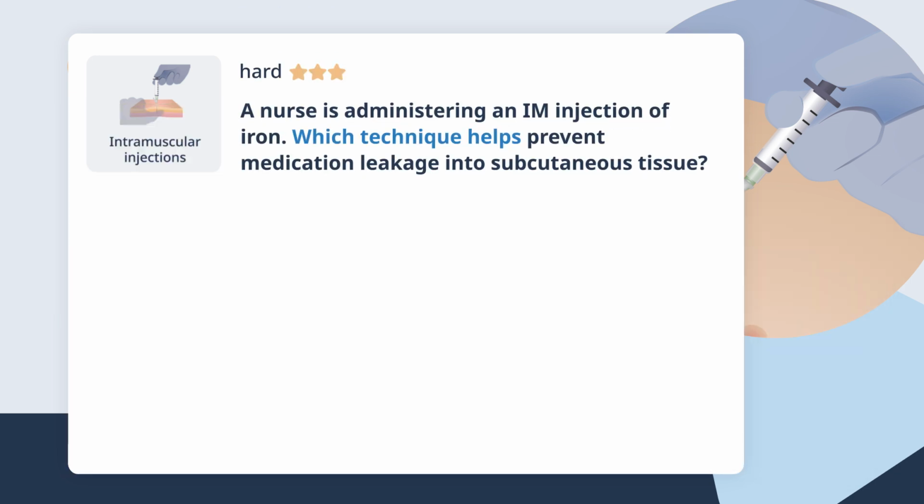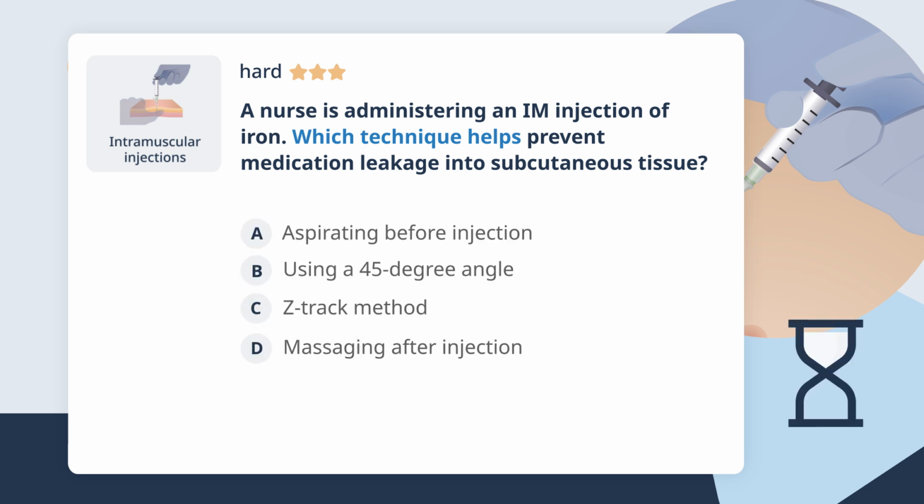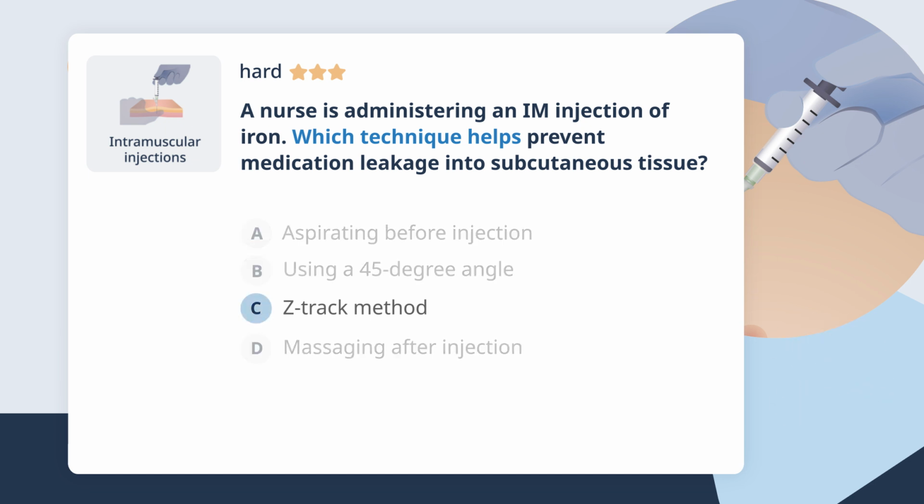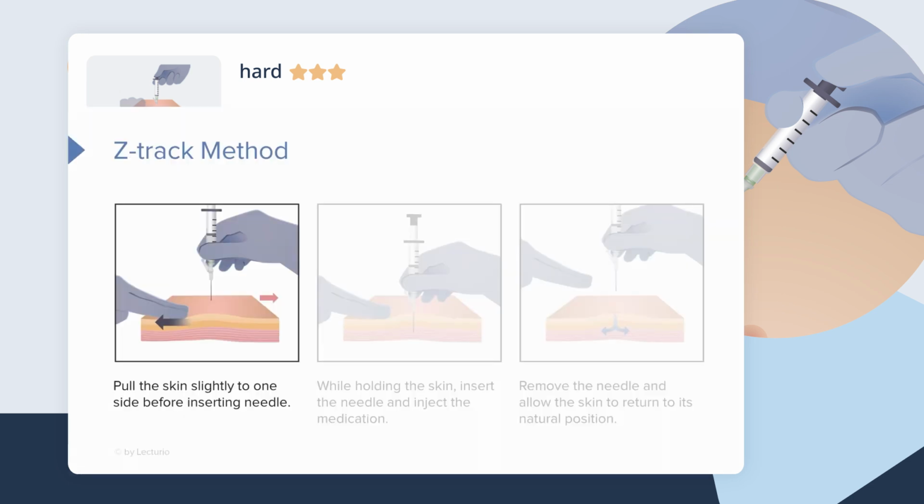A nurse is administering an intramuscular injection of iron. Which technique helps prevent medication leakage into subcutaneous tissue? One of those is called a Z-track method.